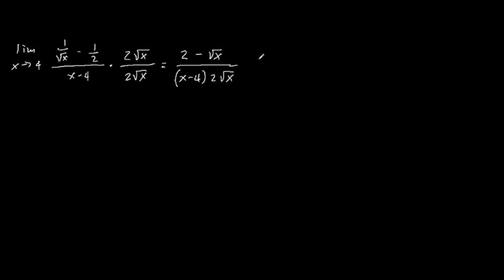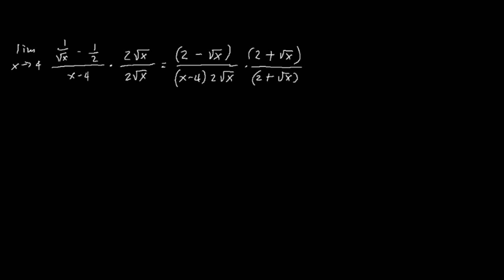Then, to eliminate the square root in the numerator, we need to follow the conjugate, which is the same terms except we change the sign to a positive sign. So we multiply by 2 plus square root of x, and we divide by the same, 2 plus square root of x.